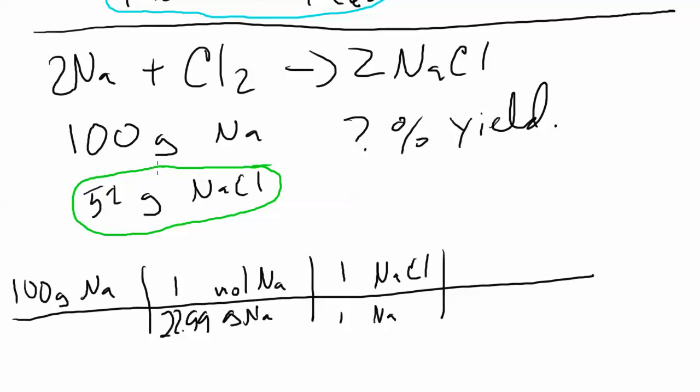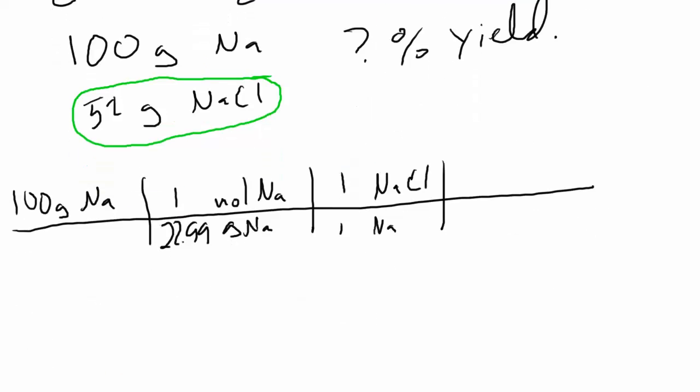And then because we're in grams, and remember what I just said, it's got to be the same unit to compare, we're going to go from moles of sodium chloride to grams.